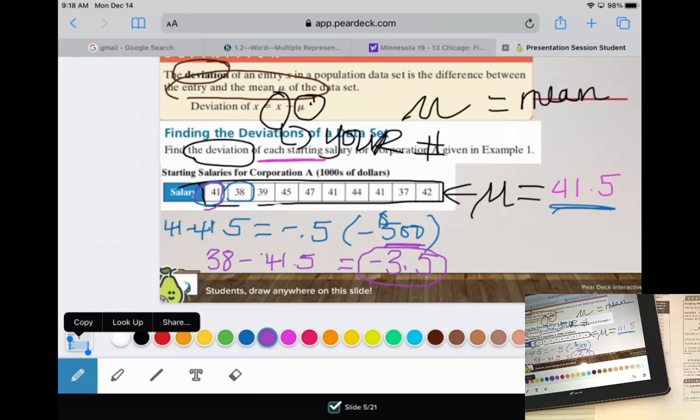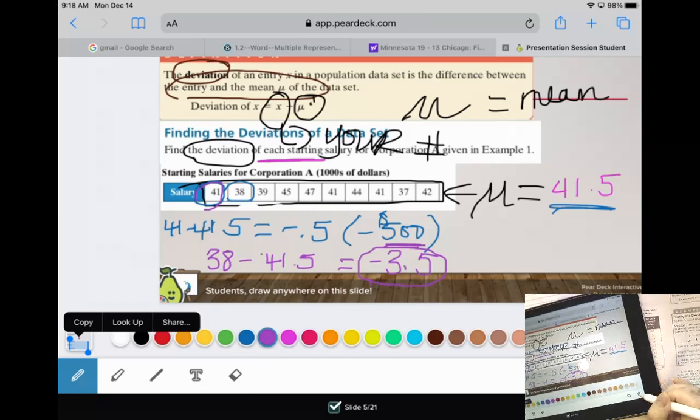So two things: range, deviation. To find a deviation, I'm going to clear this. Hold on. Okay.